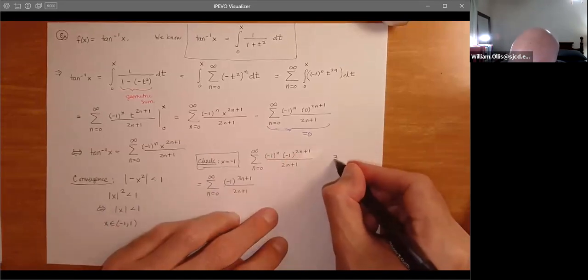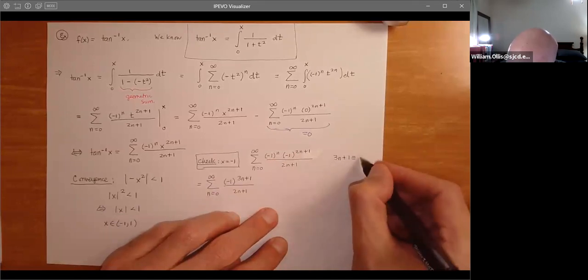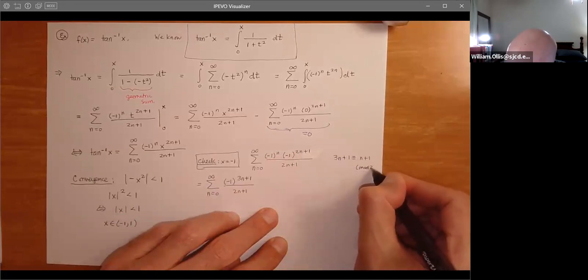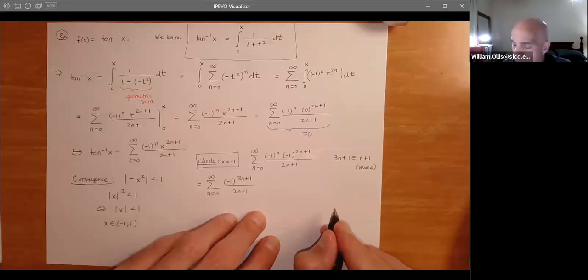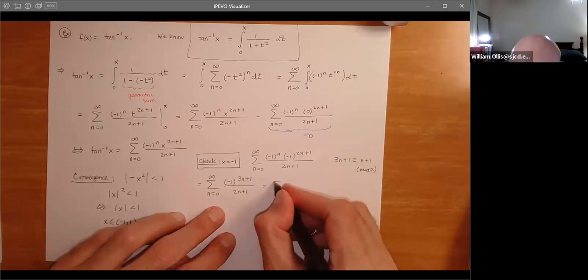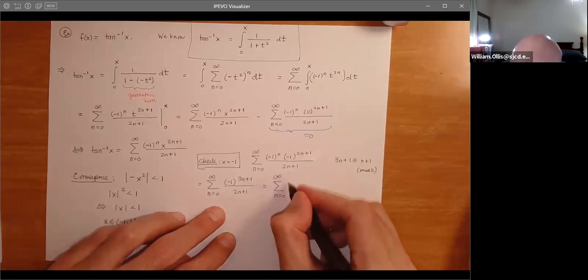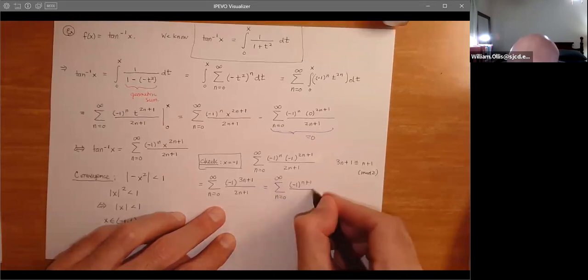So we see 3n plus 1 is congruent to n plus 1 mod 2. That is, 3's are just 1's. When you divide 3 by 2, you have a remainder of 1. So this is just equal to the sum from n equals 0 to infinity of -1 to the n plus 1 over 2n plus 1.